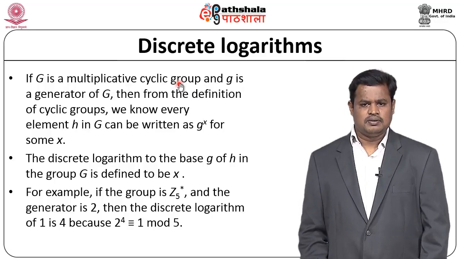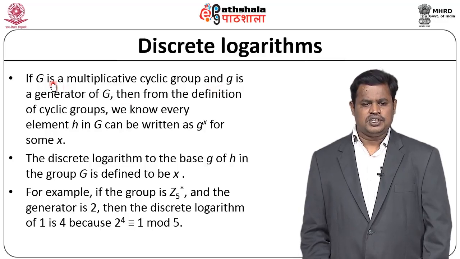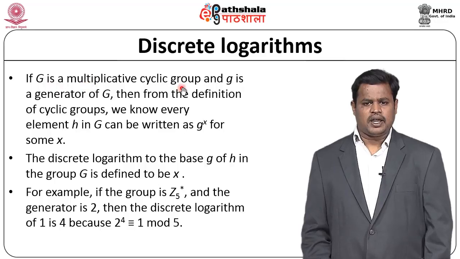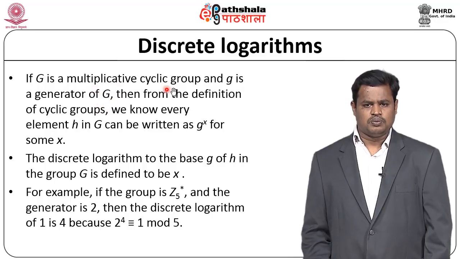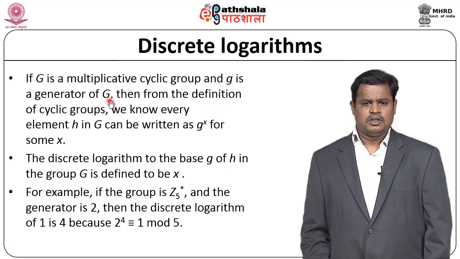So, if G is a multiplicative cyclic group, that is capital G, and there is a generator small g, that means in the multiplicative cyclic group there exists an element g that is a generator of capital G, which forms the definition of a cyclic group.